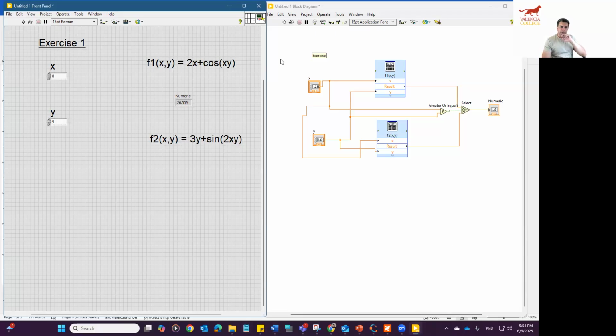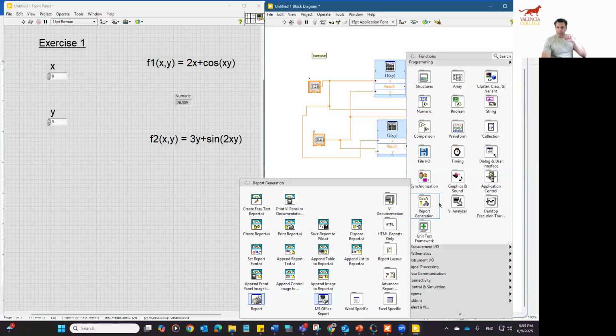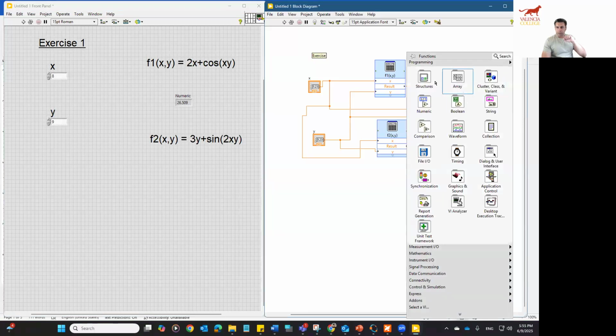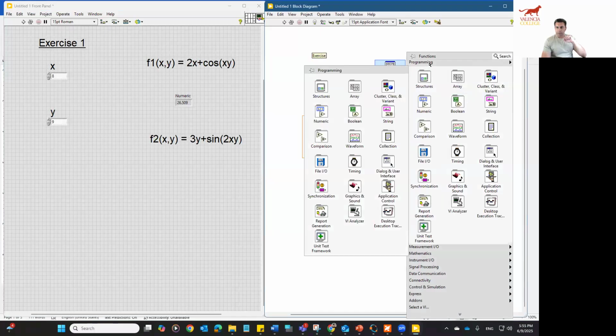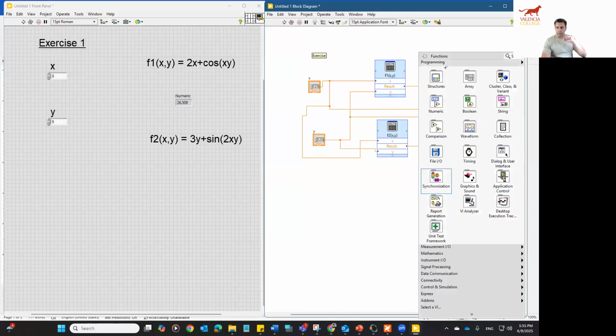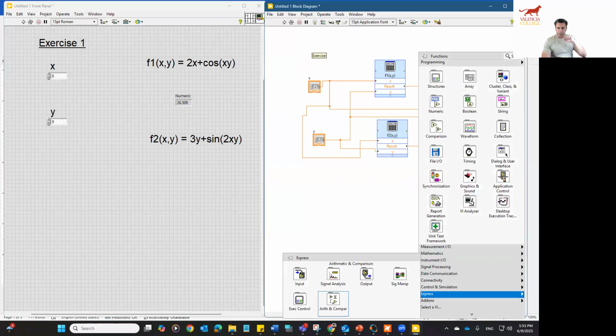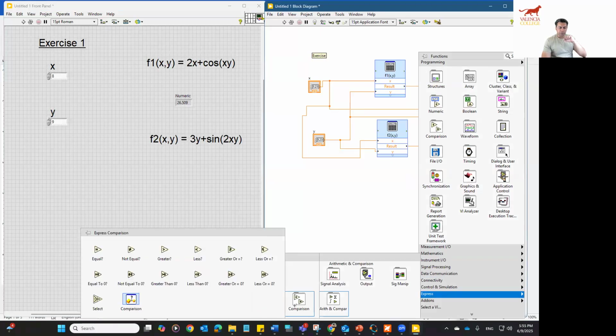And then the comparison library, as you can see, has so many different comparison functions available. Likewise, if I go back and open the comparison library, programming, I want the express, arithmetic and comparison. So all these can be used.